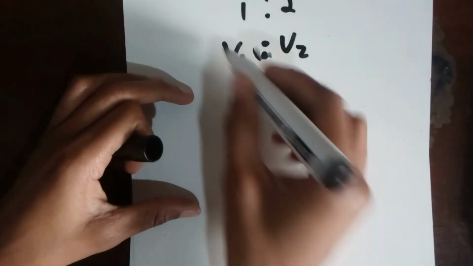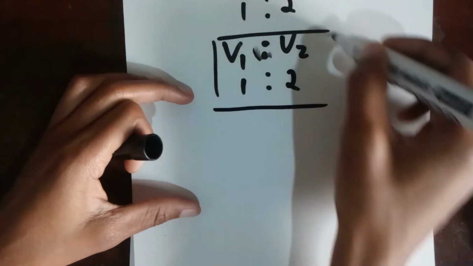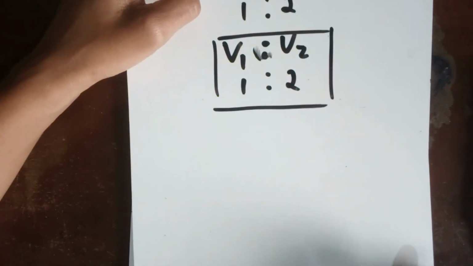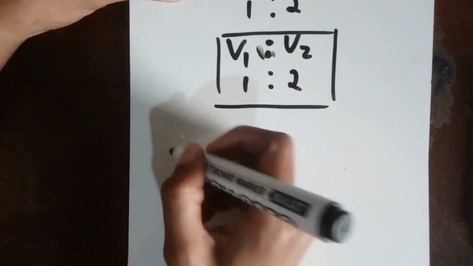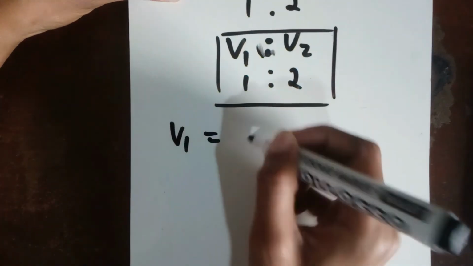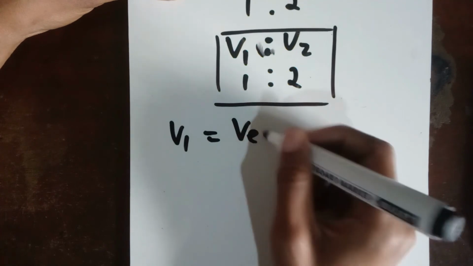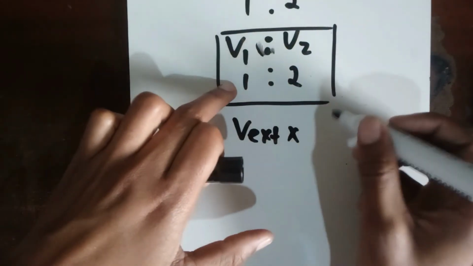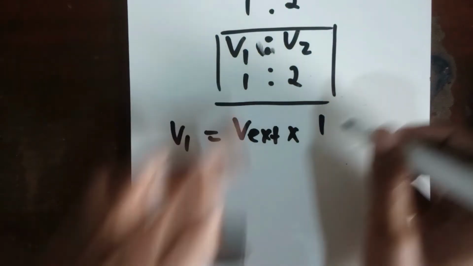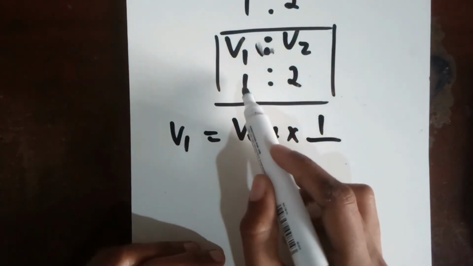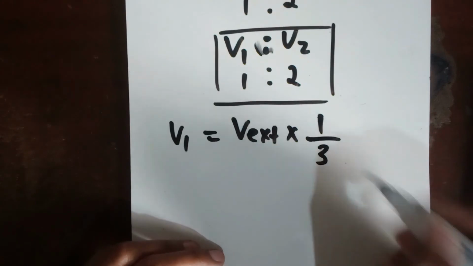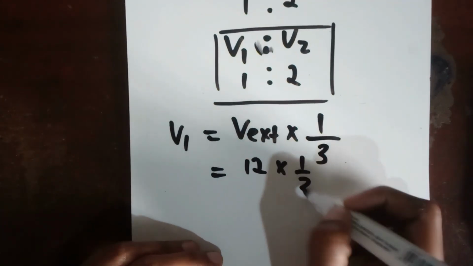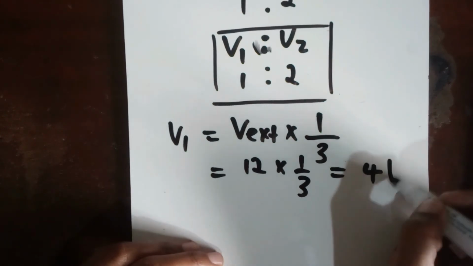If we have now figured out how they relate to each other in terms of their ratio, how they are proportional to each other, we can actually find V1 by saying, okay, let's take the total, which is our V external, multiply it by one part for V1, divided by the total parts of our ratio, which is 1 plus 2. So that actually gives us 12 multiplied by 1/3. And as you know, it's going to give us 4 volts.